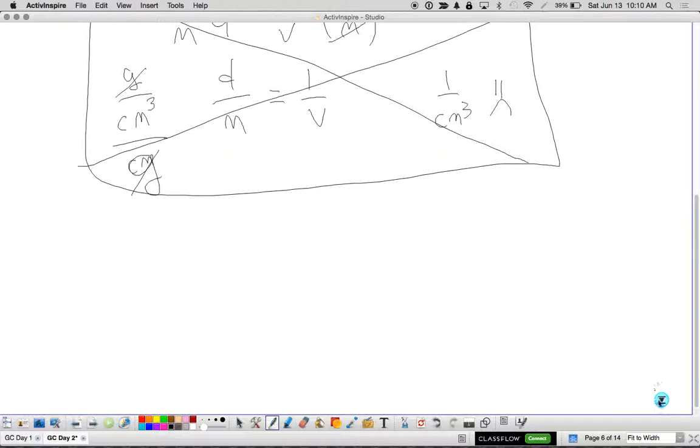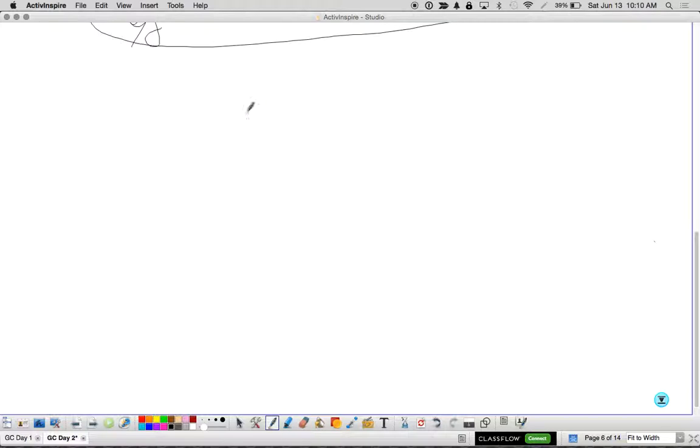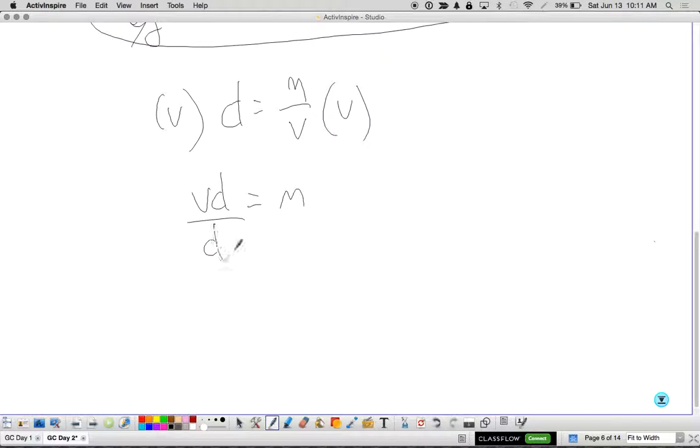So let's try again. Density equals mass over volume. There are two ways I could go about this: I could cross multiply and divide, or I can multiply both sides by volume. It doesn't really matter, so let's do times volume. Volume times density equals mass. Then I divide both sides by density. Volume equals mass over density.